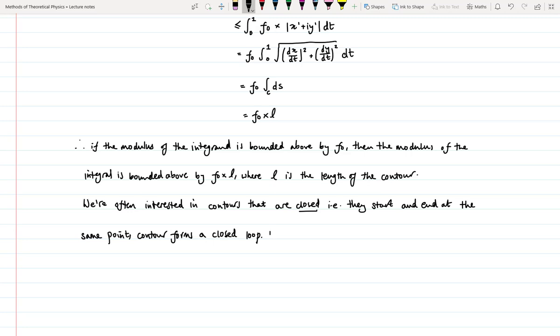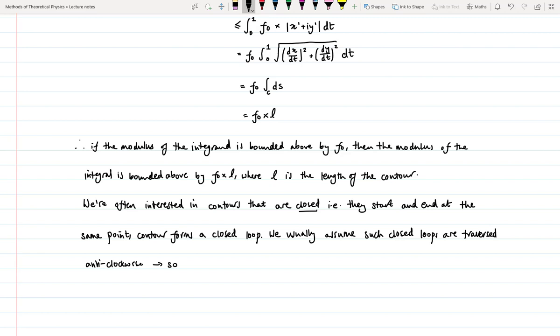By convention, we usually assume that such closed loops are traversed anti-clockwise. That's the same direction we take for angles in the complex plane to increase.